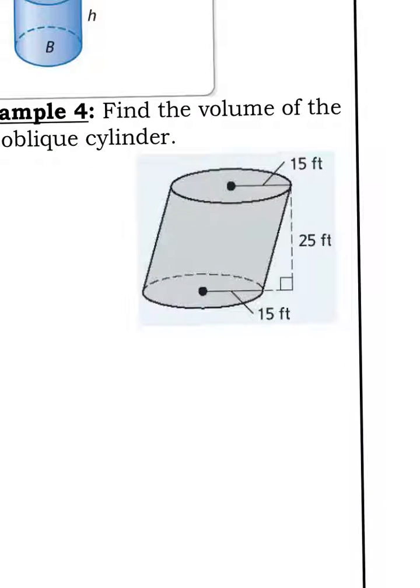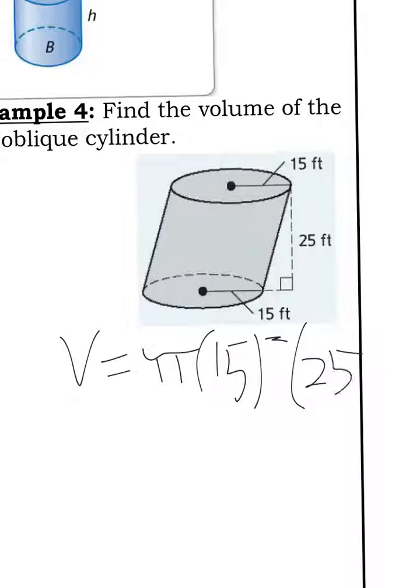And then if it's an oblique cylinder, that just means it's slanted. If something's slanted, well, just look. Do I give you a perpendicular height? Height has to be straight up and down. Yes, I do. It's 25. Do I give you the radius? Yes, it's 15. Then you have everything you need to know. So volume is going to equal pi times 15 squared times 25.